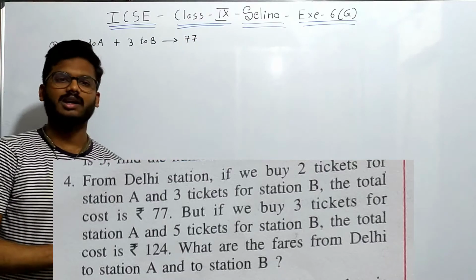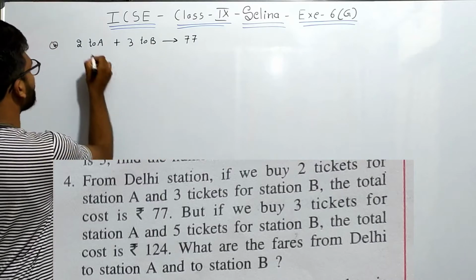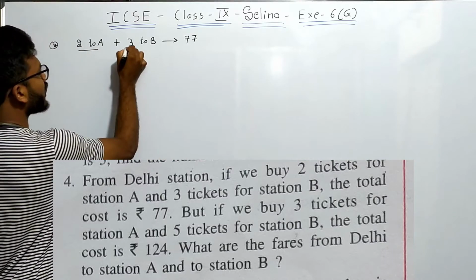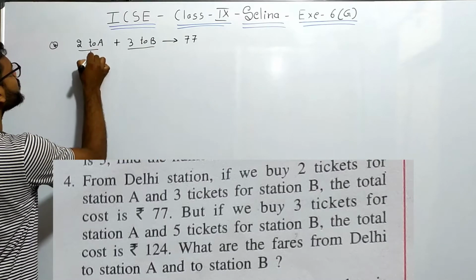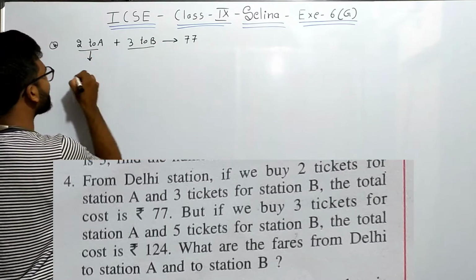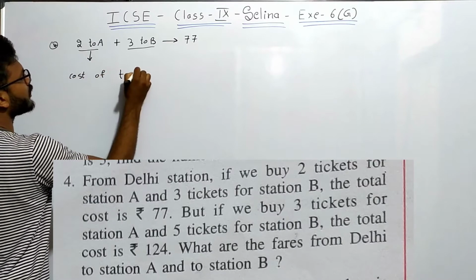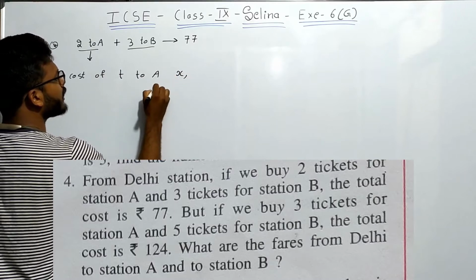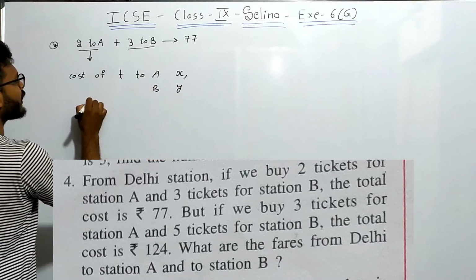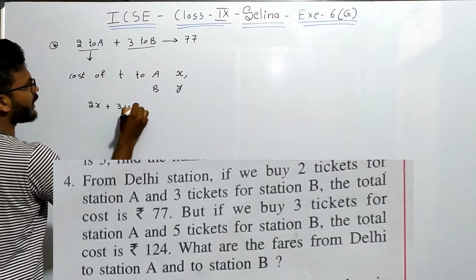In order to get the total cost, we have to add the cost of these 2 tickets and these 3 tickets. So, let the cost of a ticket to A be x and to B be y. Now this will be 2x plus 3y equal to 77.